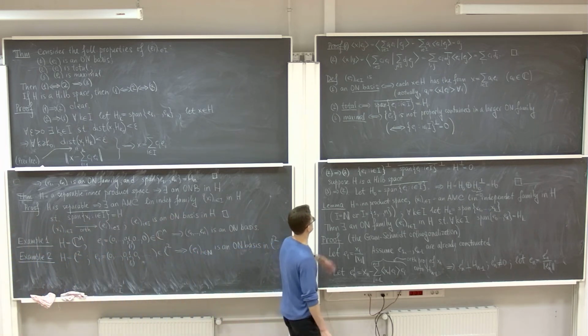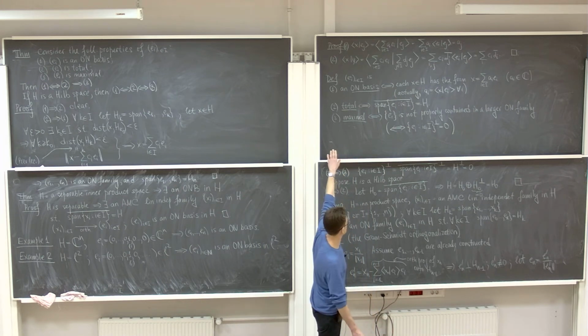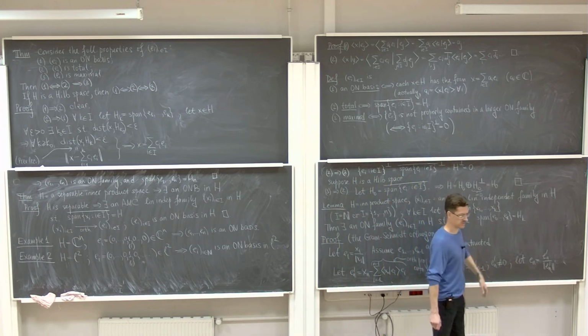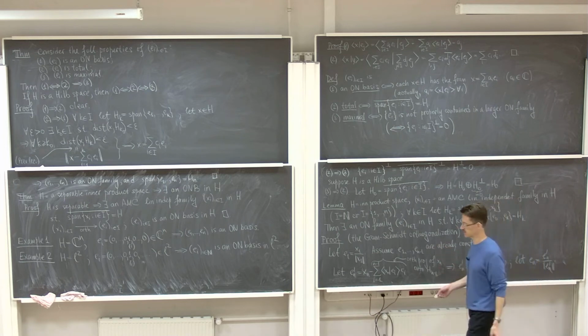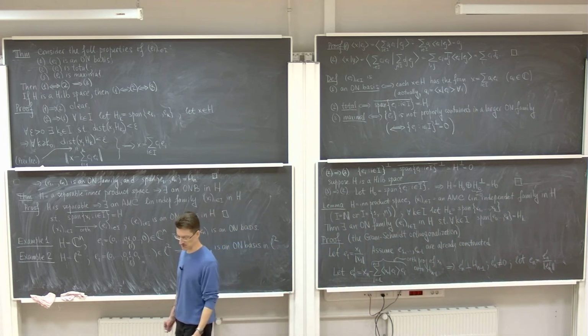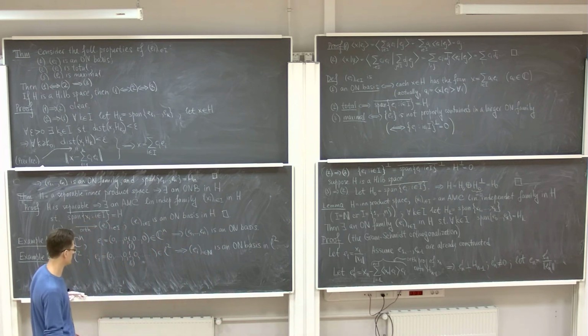And why is it an orthonormal basis? Well, actually, we can easily verify each of these three conditions. For example, why is it maximal? Well, it is maximal because if some element is orthogonal to each of them, say x1, x2, x3, and so on, then when we calculate the inner products, we see that all the coordinates of this vector x are 0.